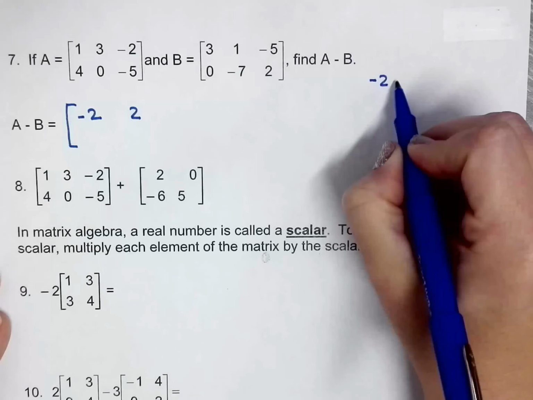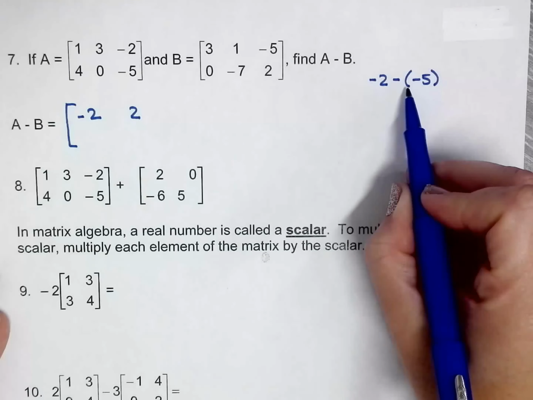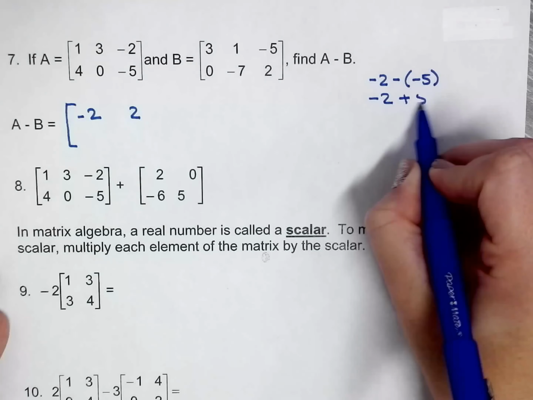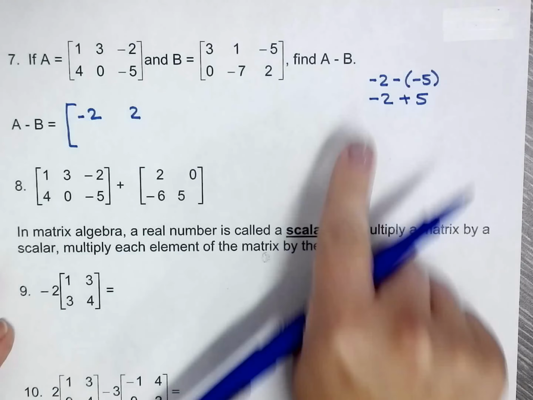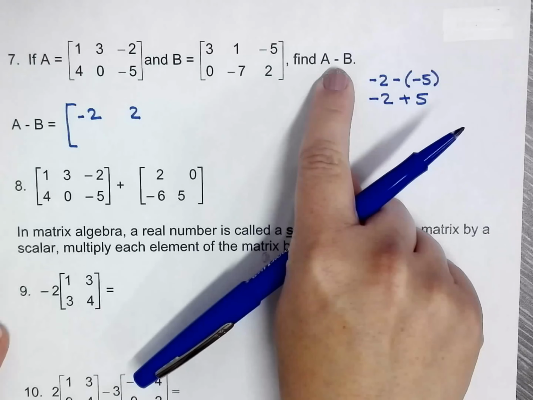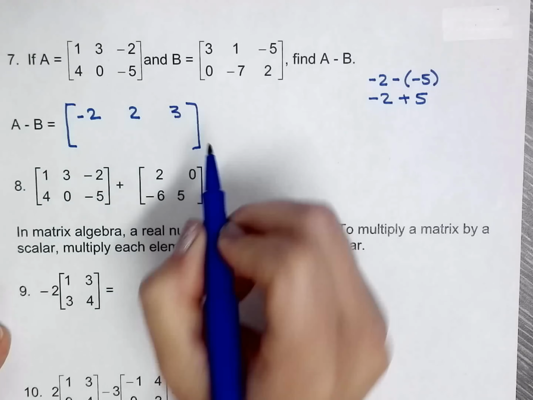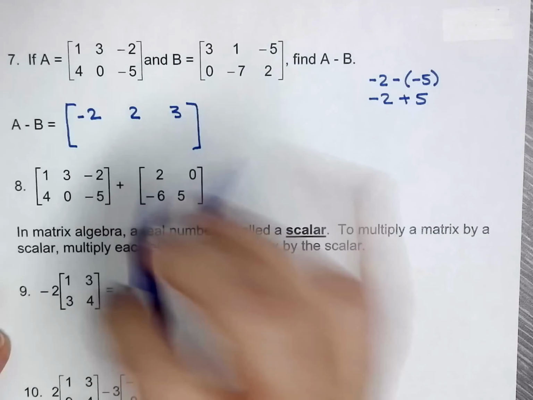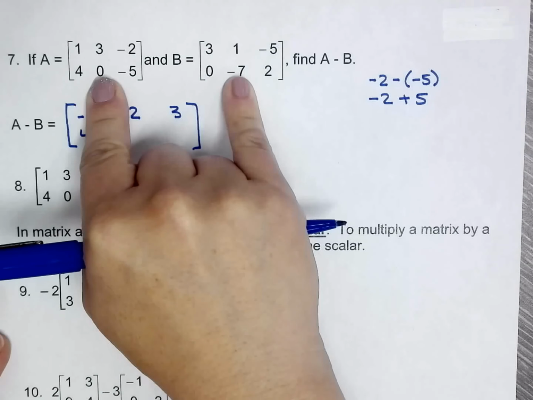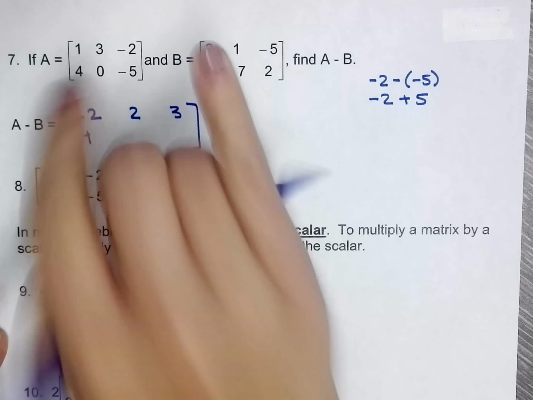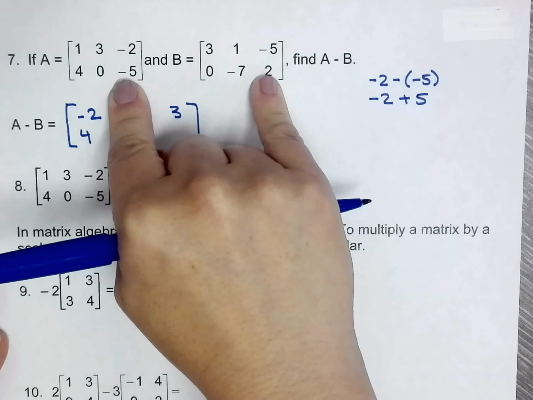Two negatives make a positive, so in reality you're doing negative 2 plus 5, because you're subtracting the B matrix. This will give you a 3. 4 minus 0 is 4. 0 minus negative 7: two negatives make a positive, so positive 7. Negative 5 minus 2 is negative 7.